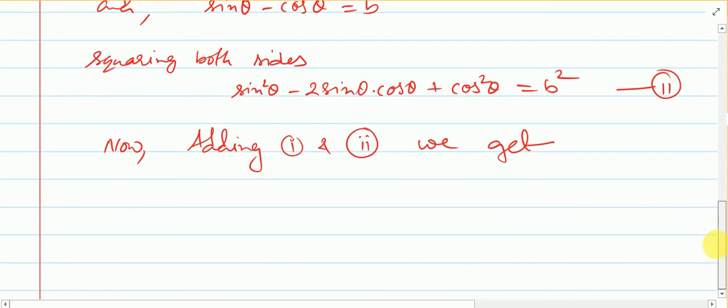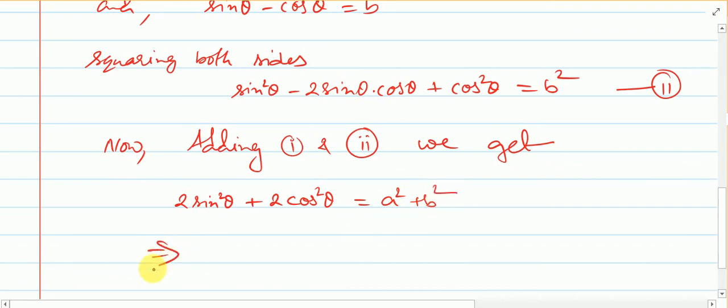So when you're adding 1 and 2, you are getting 2 times sin square theta plus 2 times cos square theta is equal to A square plus B square. 2 is common, so take it out. 2 times sin square theta plus cos square theta is equal to A square plus B square.